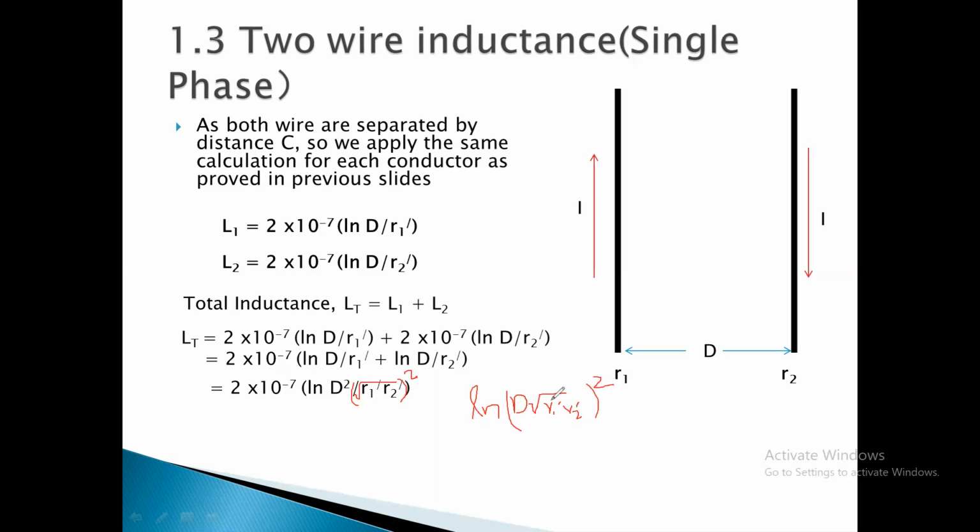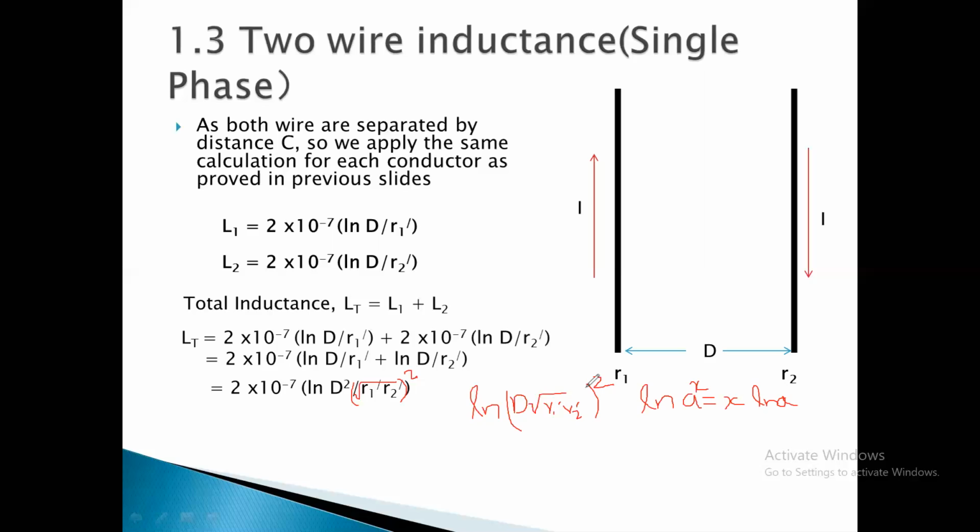Yes, because d squared, I took it as a whole square. So you know that natural log of A raised to power x can be written as x into natural log of A.